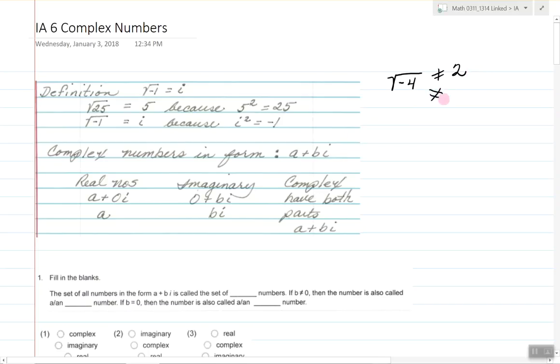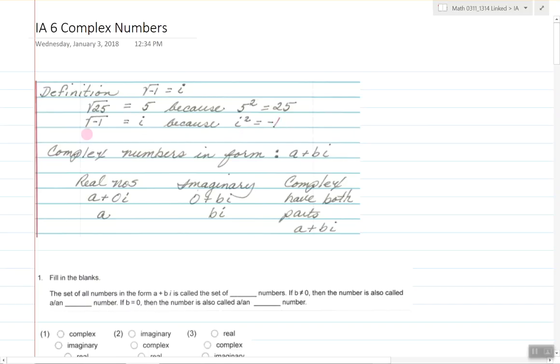It cannot be -2 because -2 squared is not -4. There is no real number that squared will give you a negative. So mathematicians simply created a brand new number. The square root of -1 is now going to have a defined value of i because i squared equals -1.